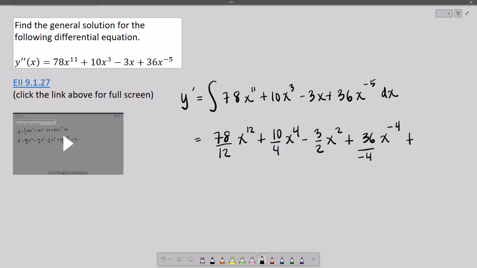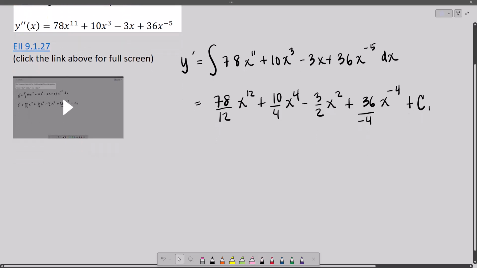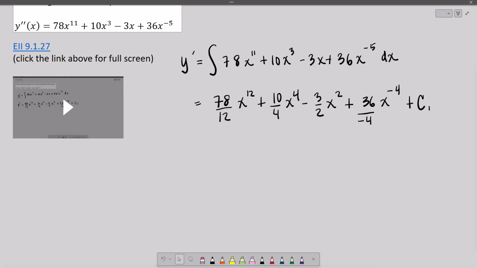And then our first constant of integration. We kind of know from experience by this point that if you have a second order ODE, when you get your solution, you're going to have two constants. If you had a third order, so third derivative, you'd end up with three constants. One derivative, one constant. So we're there.